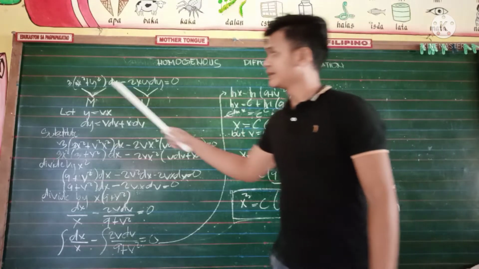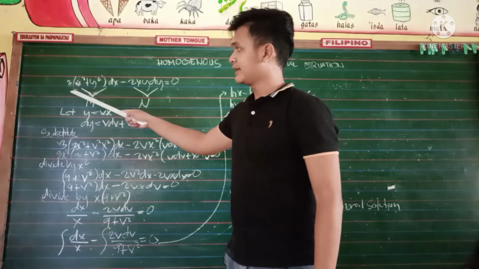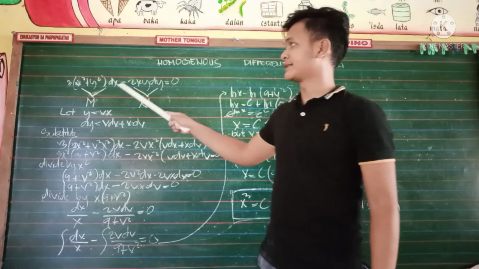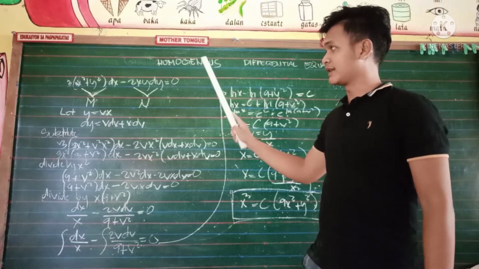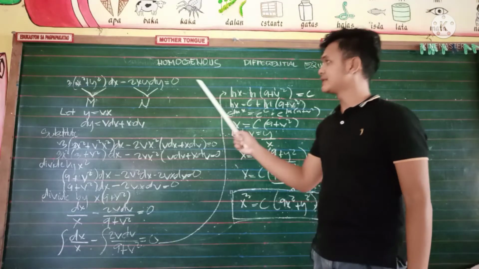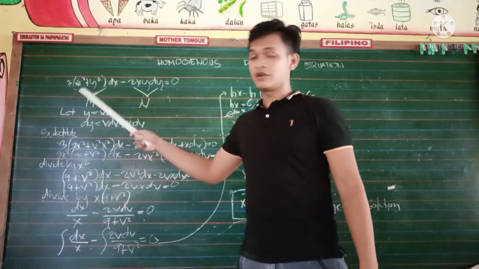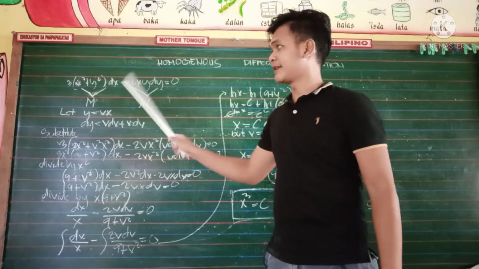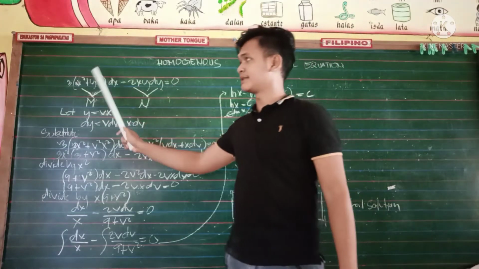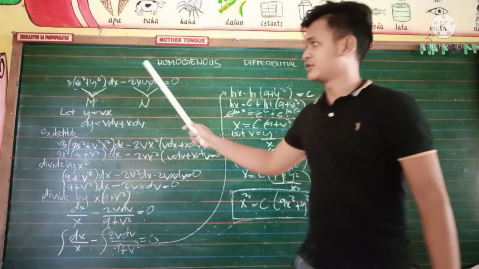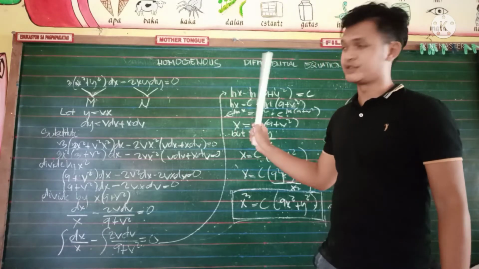So another example of a homogeneous differential equation. The equation is (3x squared plus y squared) dx minus 2xy dy equals 0. As I said, it is a homogeneous differential equation if the terms have the same degree. So the x term has exponent 2 and the y term has exponent 2, so it is the same, so it's homogeneous.